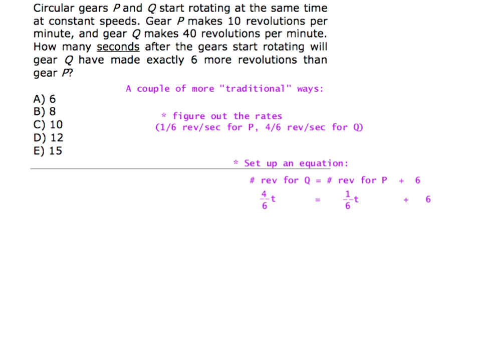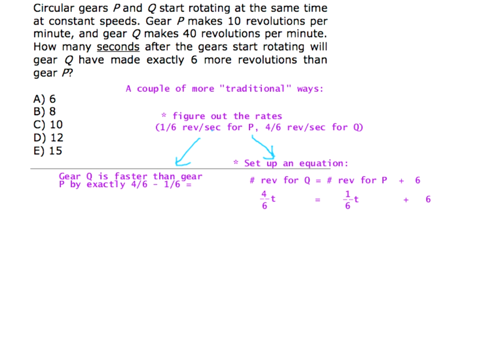The other way to do it once you've got the rates is to think relatively. You can think in relative terms, because the point is that gear Q is faster than gear P by exactly 4/6 minus 1/6, which equals 3/6.